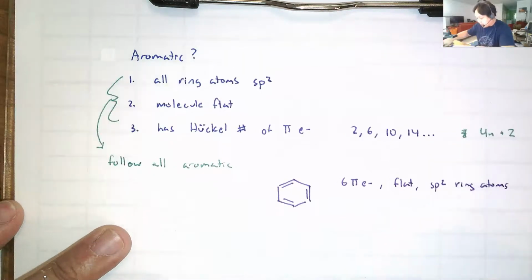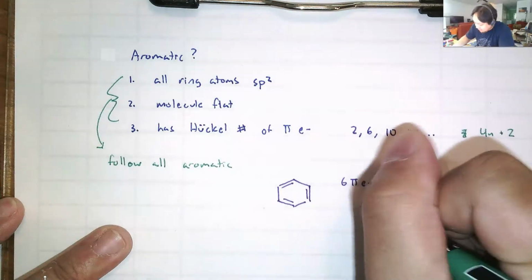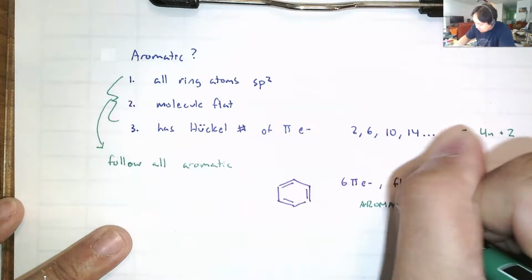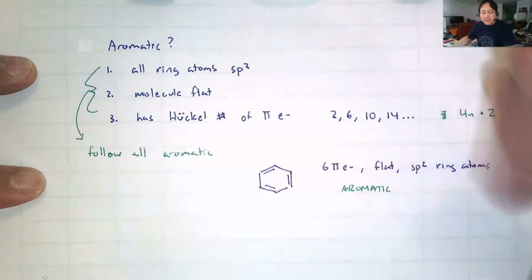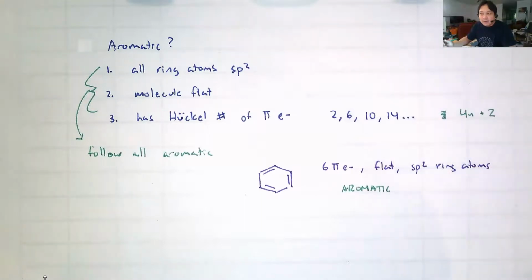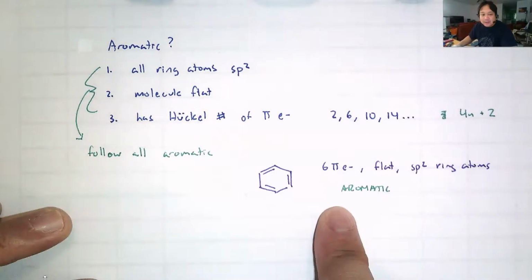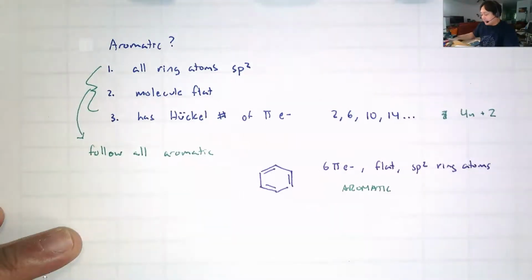Your conclusion here is that this is aromatic. We have not yet gotten down to the meat of what it means to be aromatic. These are just prerequisites, or requirements, to know that a molecule is aromatic. I haven't explained why there's more stability here than what you would normally expect from resonance.